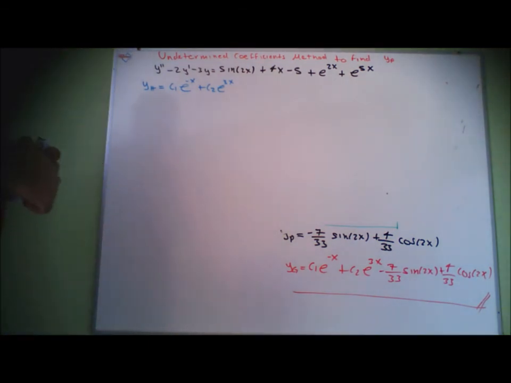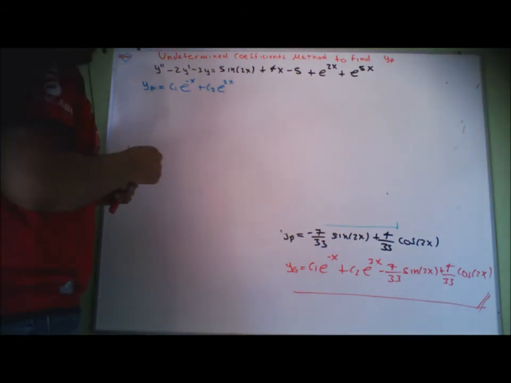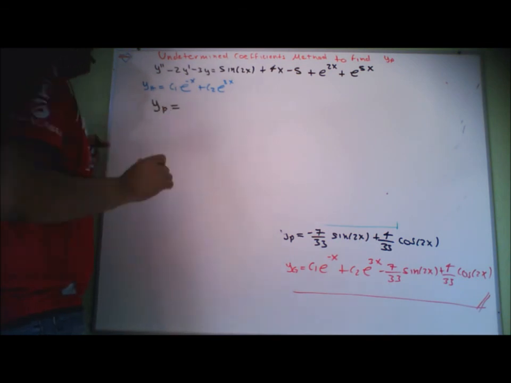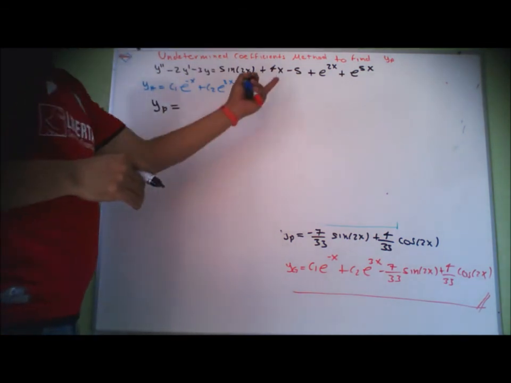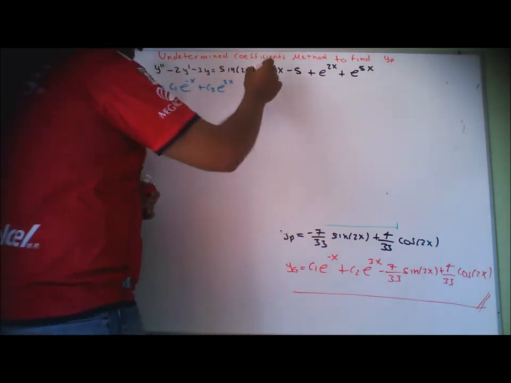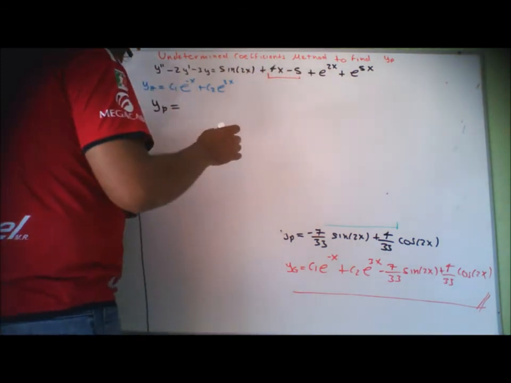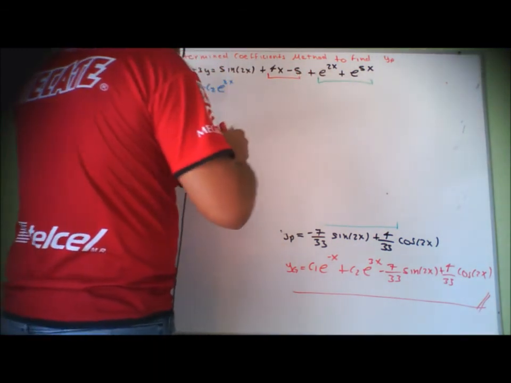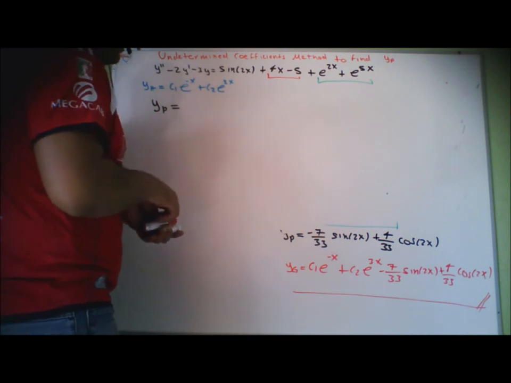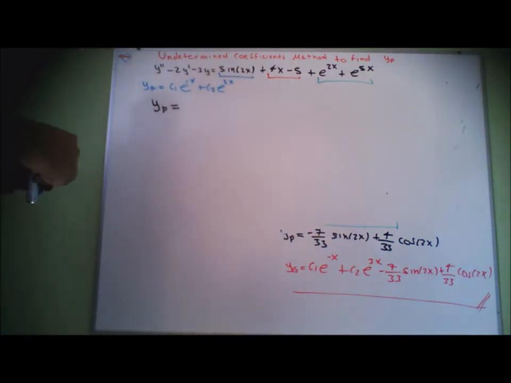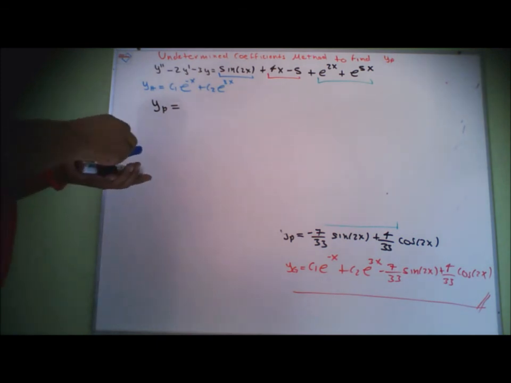Okay, so your proposed particular solution will be something like this. In the superposition, the particular solution is going to be something similar to the polynomial here, something similar to the exponential, and something similar to the sine and the cosine. Alright? So you have 3 types in the same differential equation.